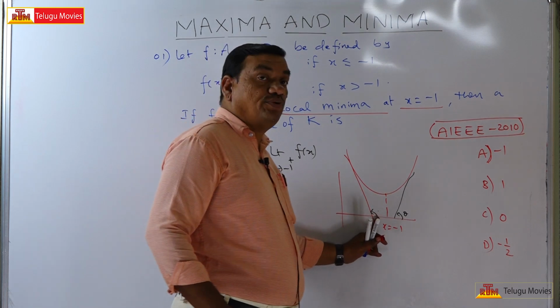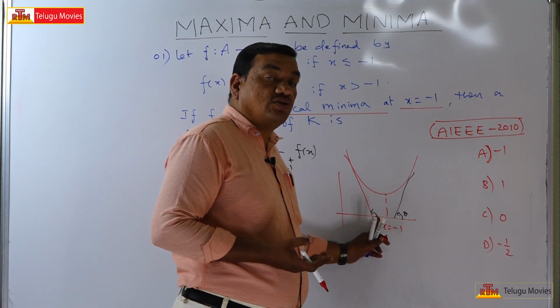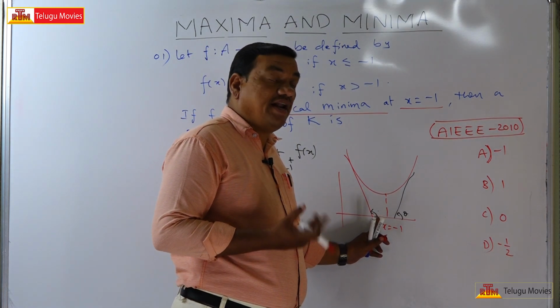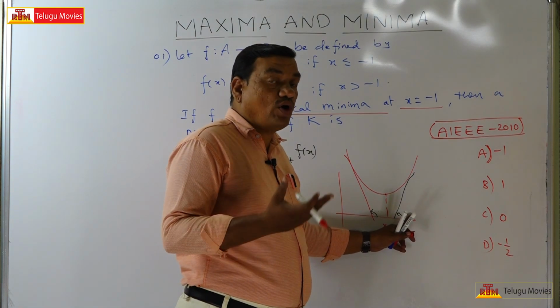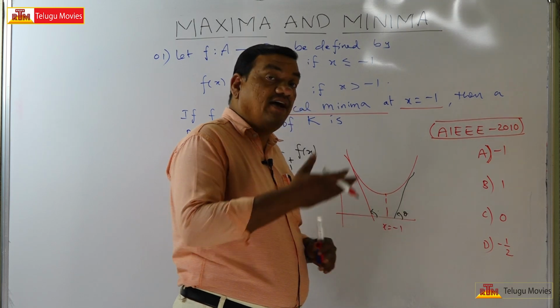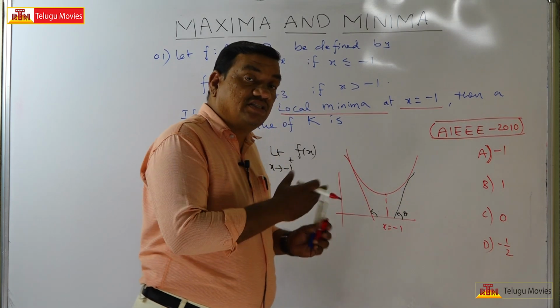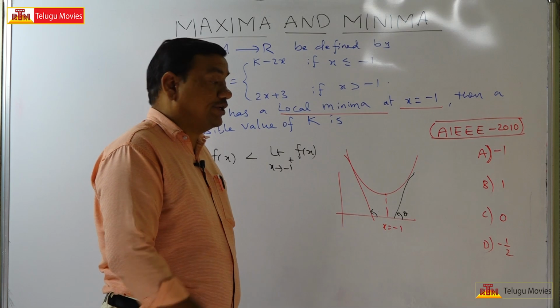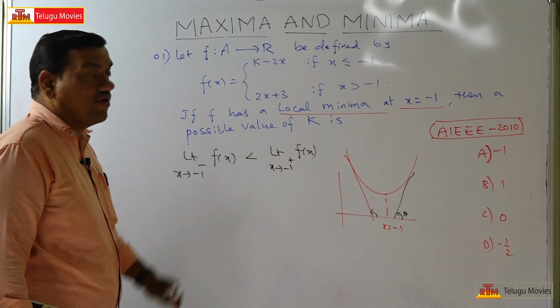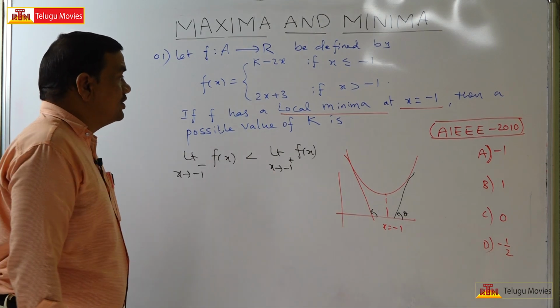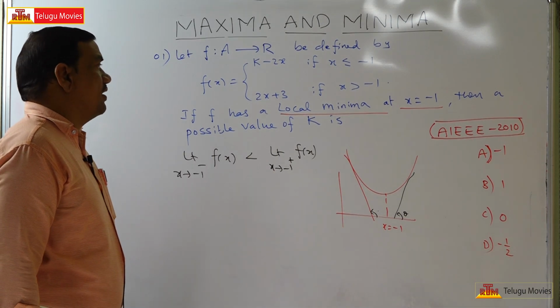Why? Because it is an obtuse angle, so the slope of the tangent will be negative. It is an acute angle, so the slope of the tangent will be positive. Why? Because it will be in the second quadrant, where tan theta is negative, and in the first quadrant, where it is positive.